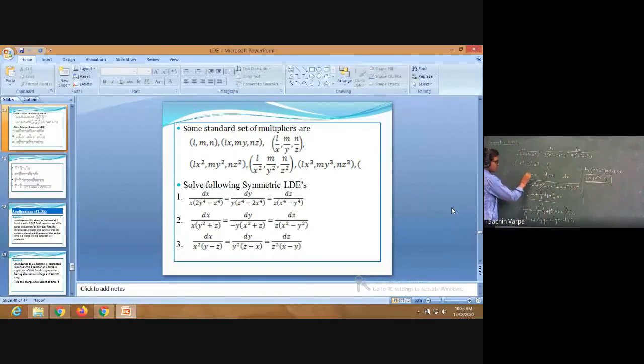So x cube dx plus y cube dy plus z cube dz. Please don't just copy the steps. Try to get the things.